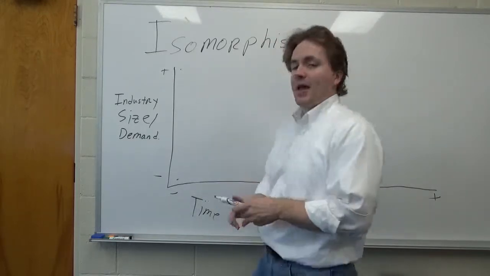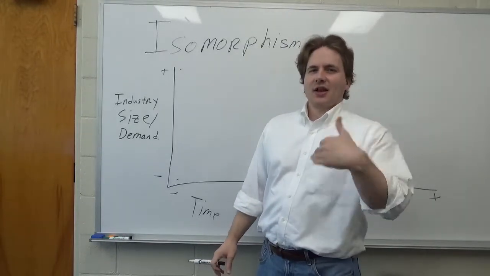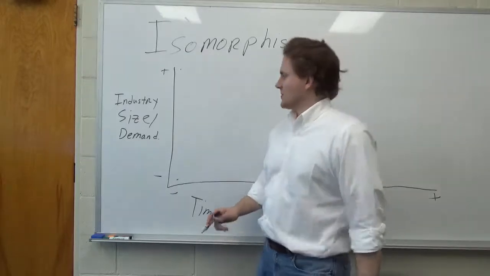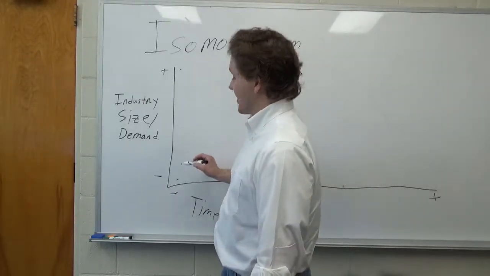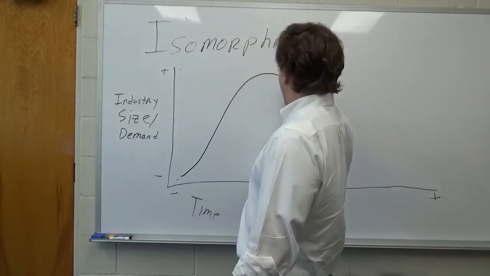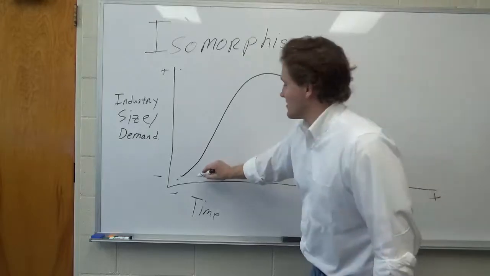Let's say that we're talking about certain kinds of products where there's a lot of new technology. Let me use the example of video game consoles. If you look at something like the 8-bit systems that came out during the early 80s, they had their own curve. We all remember when certain video game systems came out.